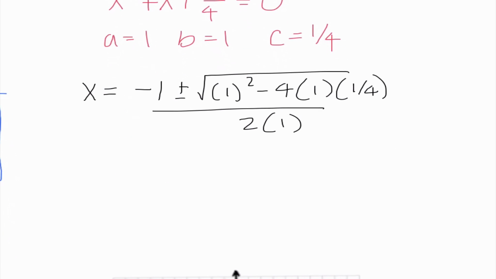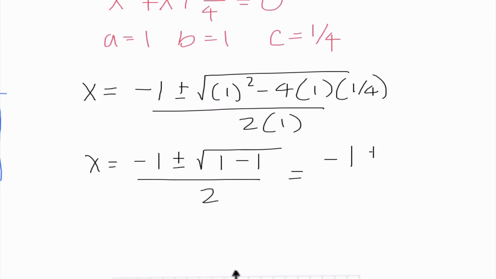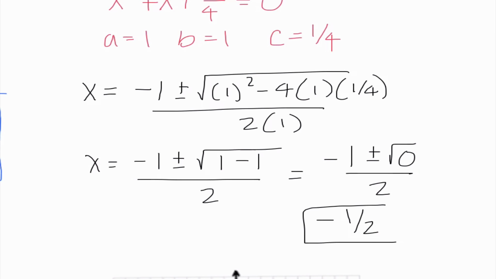And once again, something strange happens on this problem because I get the square root of 1 minus 1 over 2, which gives me -1 plus or minus the square root of 0 over 2. So our answer is -1/2. And once again, I could write that once or I could write it twice. Either way, we know that this is a double zero and it's going to have an impact on our graph.